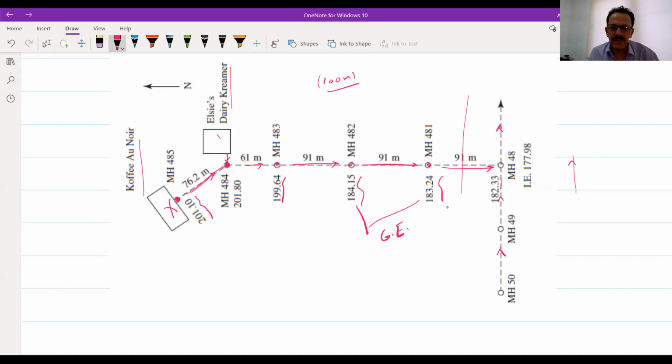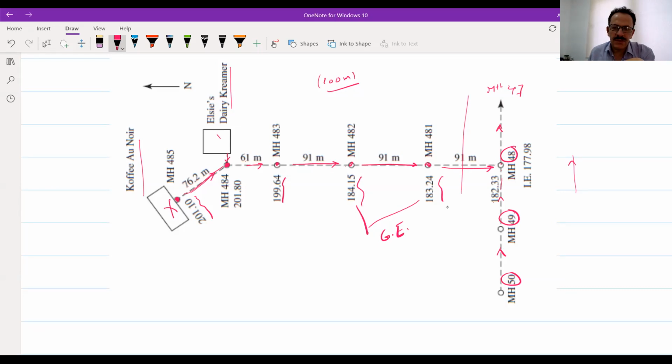Now, look at the number of the manholes. How do we number the manholes? So we have manhole number 15, manhole number 49, manhole number 48. And there will be manhole number 47 after this, because there is a branch here. As a site engineer, I'm advising you to follow this kind of naming for the manholes.